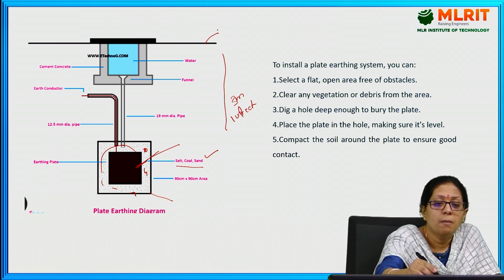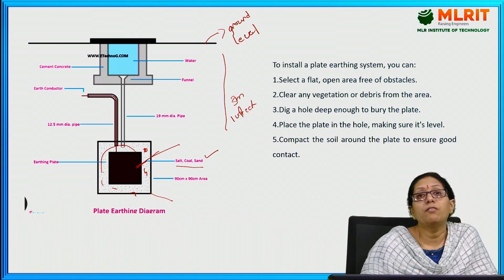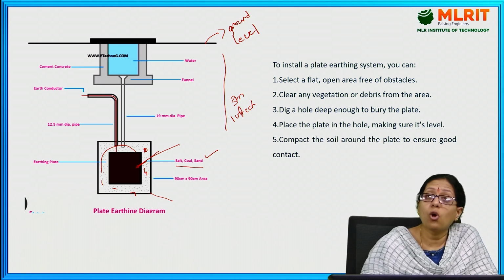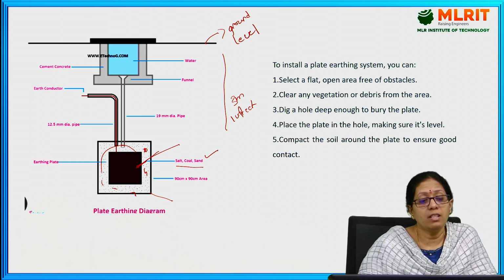This is the main ground level. Below the ground level, 3 feet minimum should be maintained, and below this we need to place salt or coal material, and inside that salt or coal material, we need to place this electrical earthing plate.